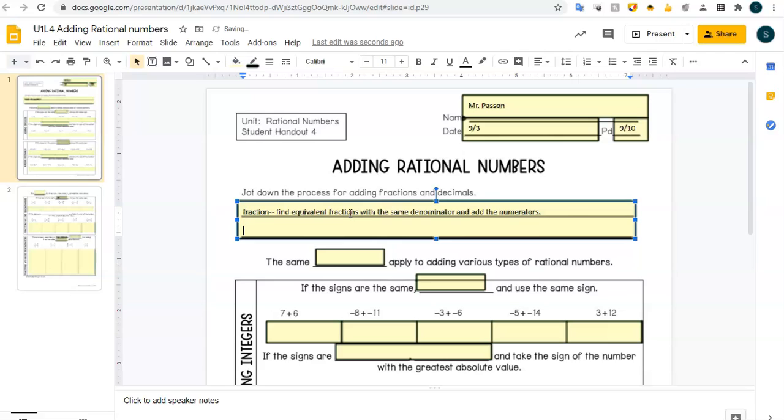For decimals, we line up the places. So the one place values line up with the one place values, and then we add placeholders if we needed.